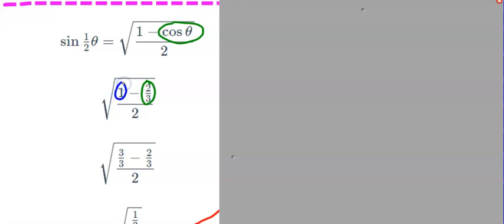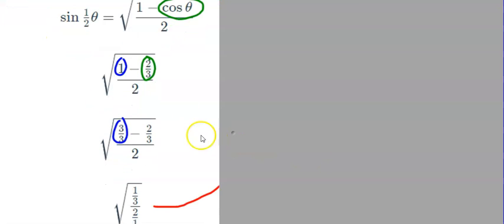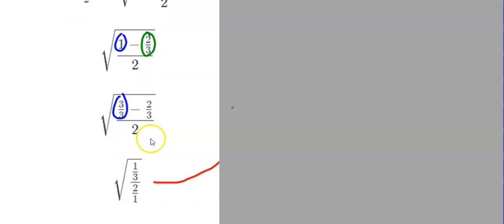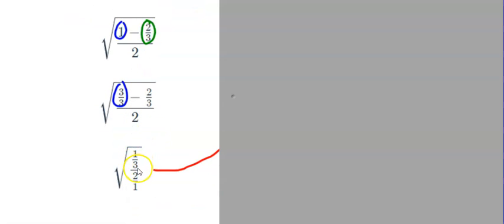So the 1, we can convert into 3 over 3, which allows us to subtract 2/3. That's why 1 is convenient as a value, because it is very easy to convert to a fraction when necessary. So now you subtract these two fractions together. So 3 minus 2 on the top leaves you with 1/3.